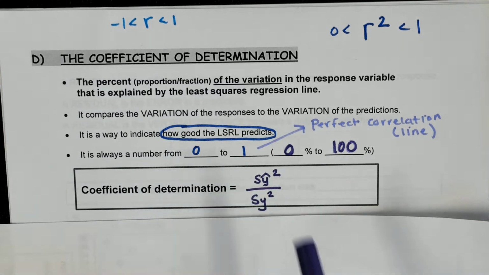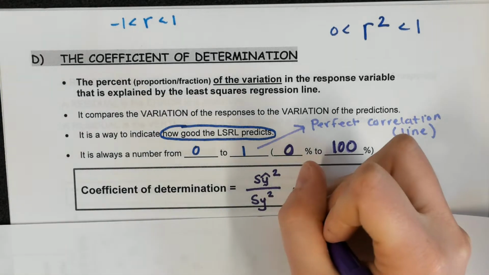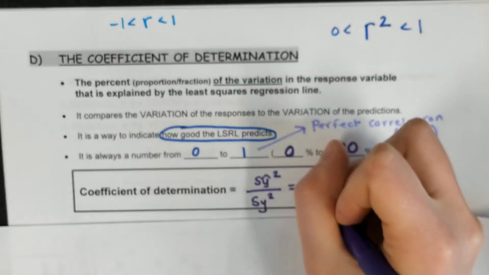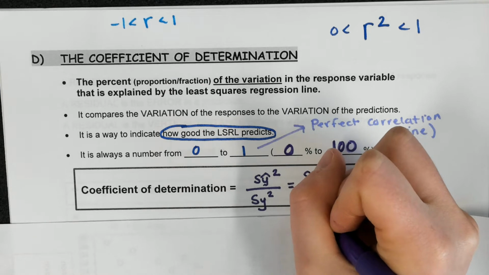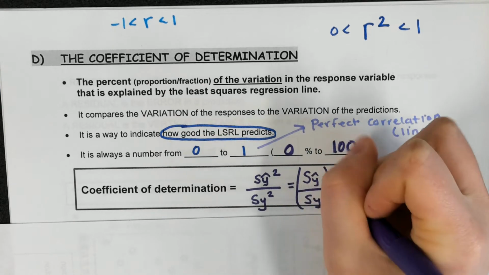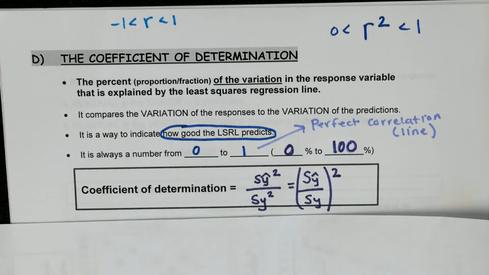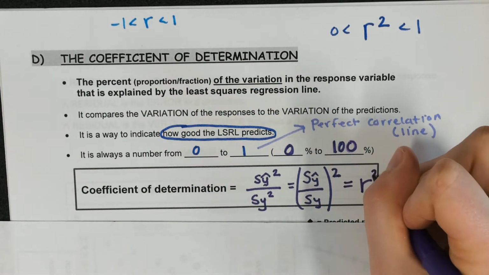We could watch a Khan Academy video showing where this comes from, but I think it's fine. Just accept the formula. It's a horrible teacher move, but just accept it. So this is the same thing, and this is r squared.